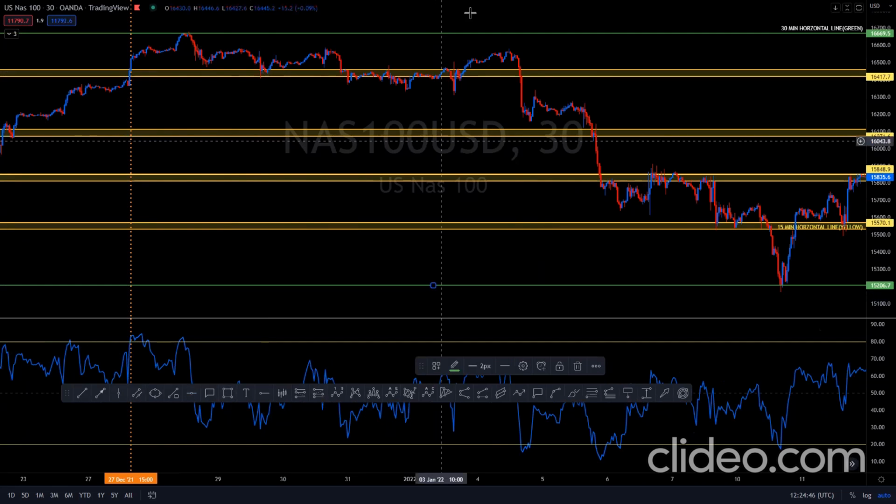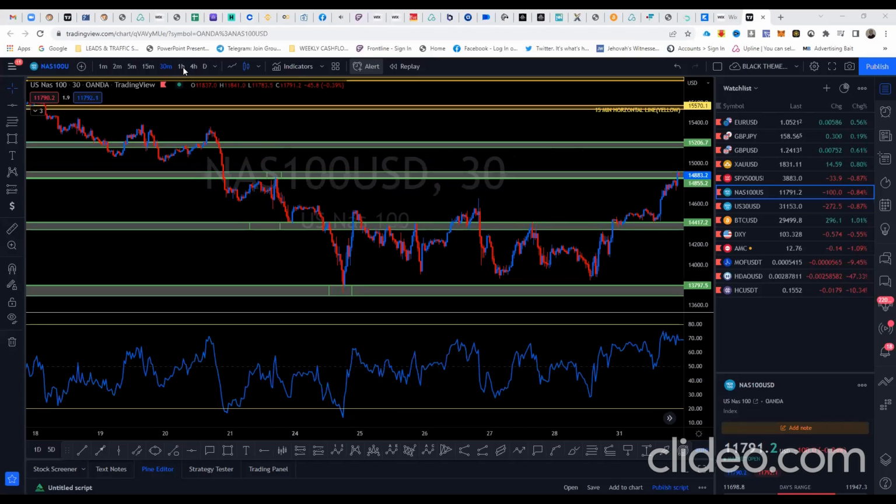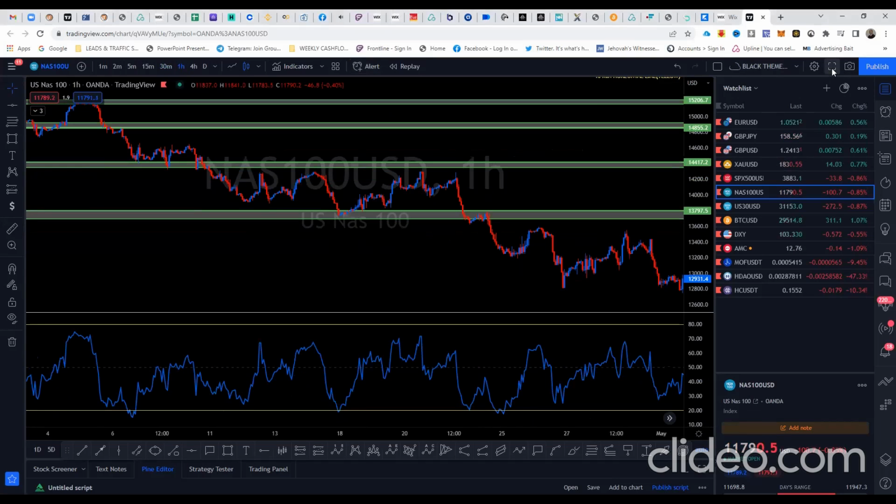All right, I'm going to pause this recording and draw my zones for these, and then we'll move on. All right, so now I marked up my zones for the 30-minute time frame. So let's move to the 1 hour and do the same exact thing.